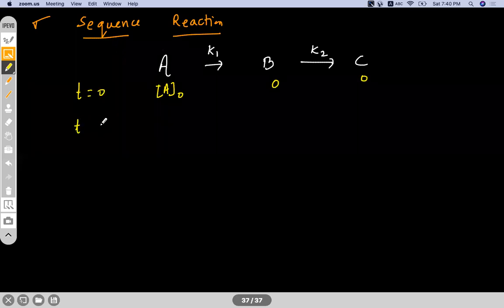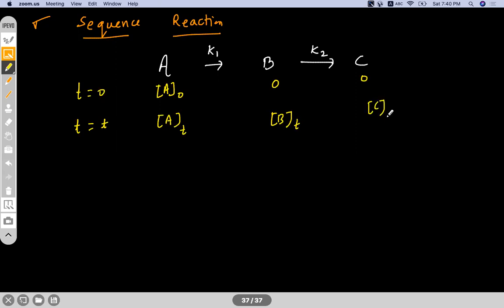At time t, we have a certain concentration of A at time t, of B it is Bt, and C it is Ct. If I write simply A, it is the concentration of A at any time t. Whether I write this or this, both are the same thing. Similarly for B and C also.